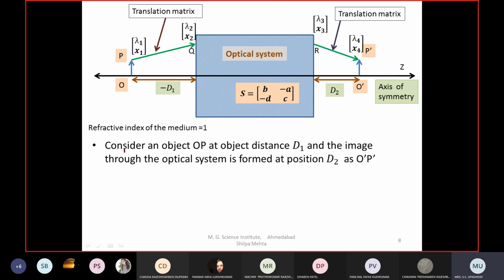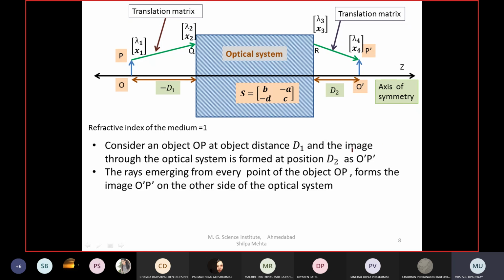So we have to consider object OP at distance D1 and the image through the optical system is formed at position D2, and the image is considered as O dash P dash. The ray emerging from every point of the object OP forms the image O dash P dash on the other side of the optical system.